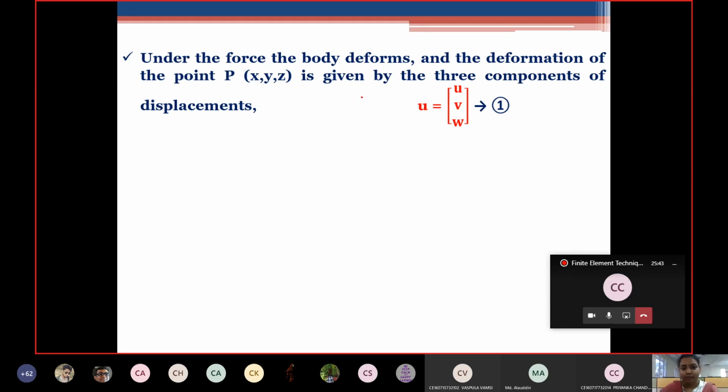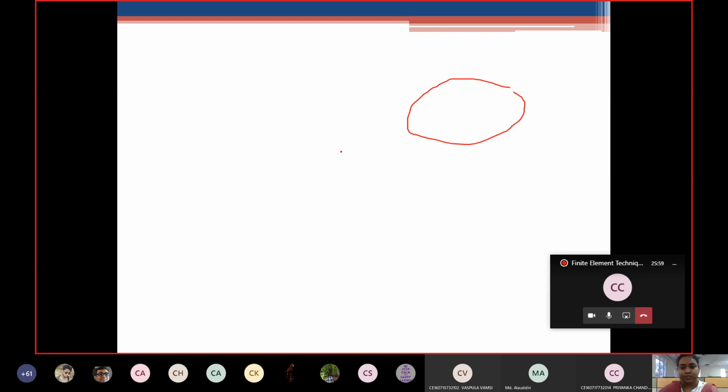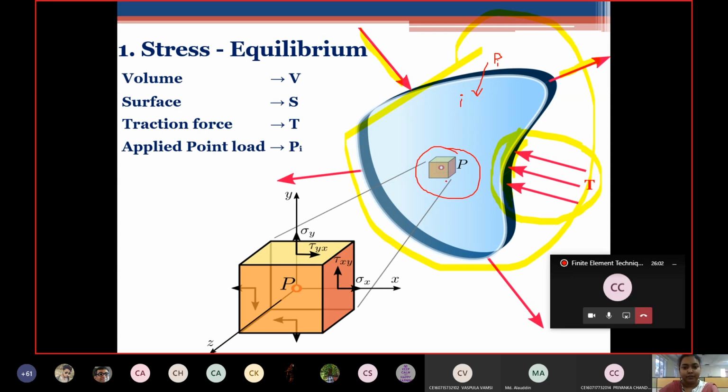You may not write the whole sentence, but make sure you write the equation. Now, under the force, the body deforms, and the deformation of the point P is given by three components. We are taking point P as our center.